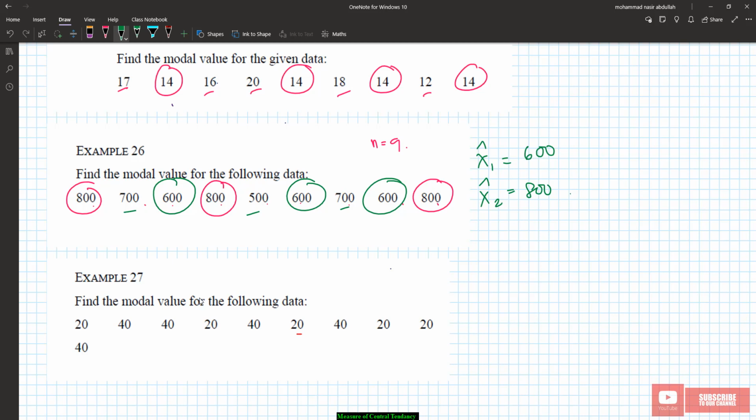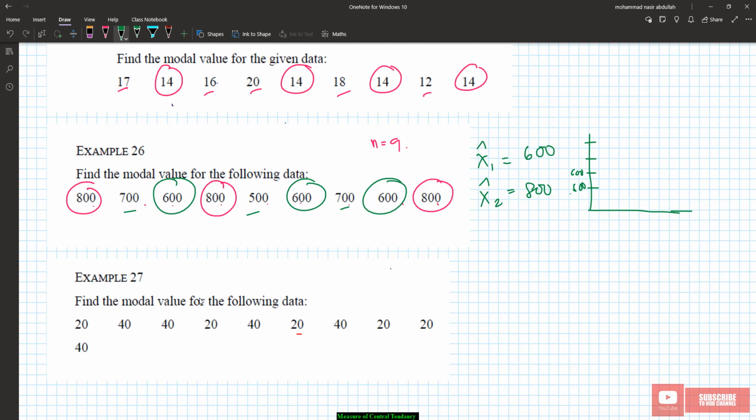How do you know whether you have 1 mode, 2 modes or 3 modes? Simply draw a rough histogram or rough bar chart. Let's say 500, 700, 600, 700, 800. This is 500, 6, a very rough histogram.